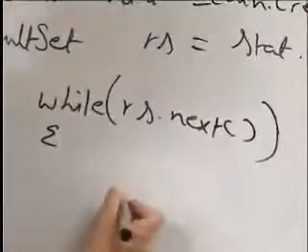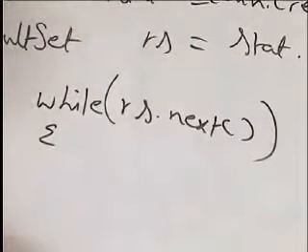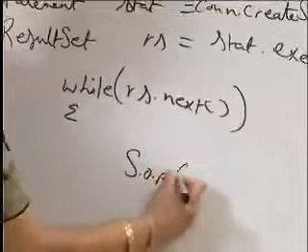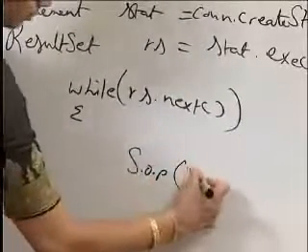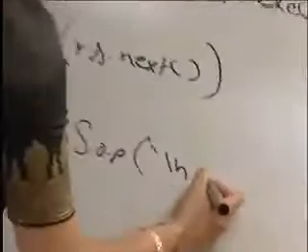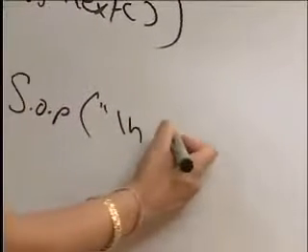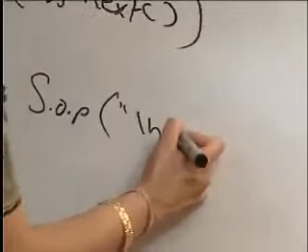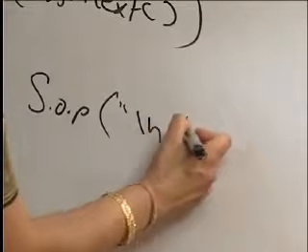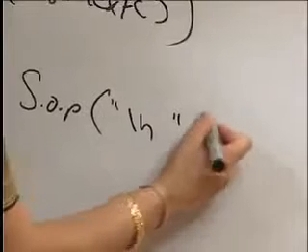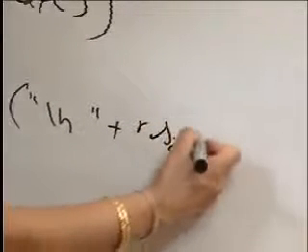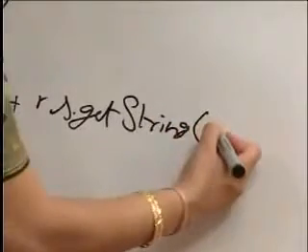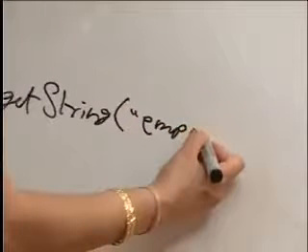Here you fetch each of the column contents and display. So let's say SOP of the employee number, rs.getString of number.